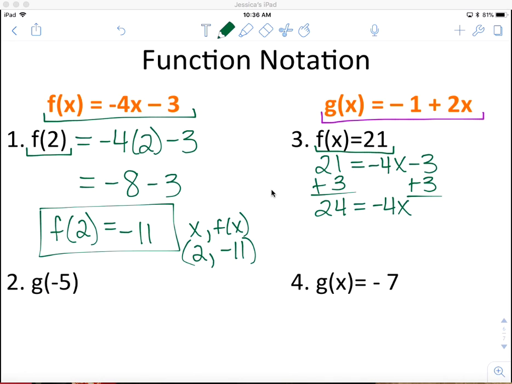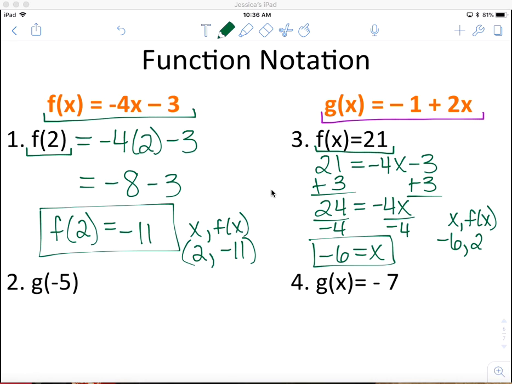Next step, to get rid of the -4, we're going to divide it. So x equals -6. In other words, if I wanted to write this as a coordinate, when x is -6, when my input is -6, my output is 21. We were given y, so we found x.